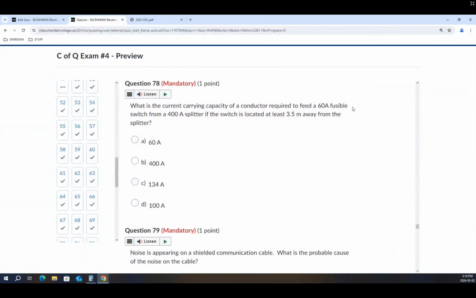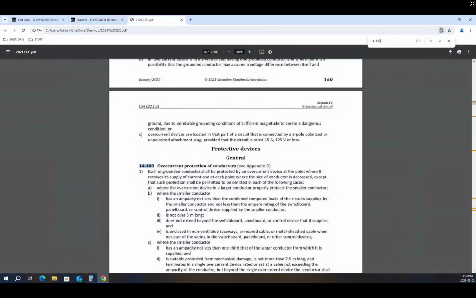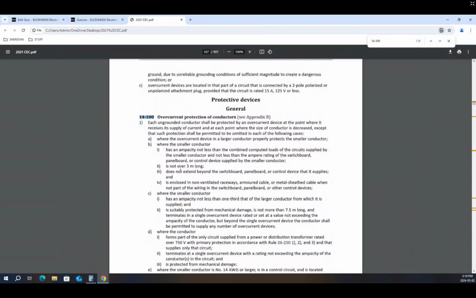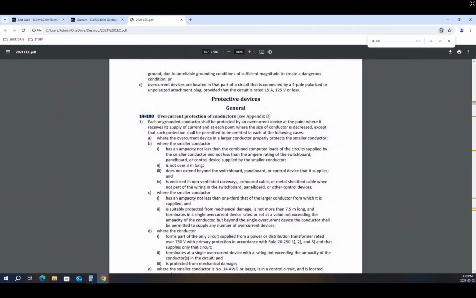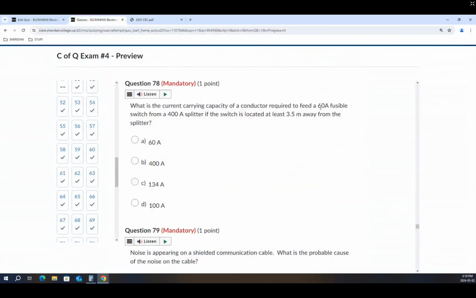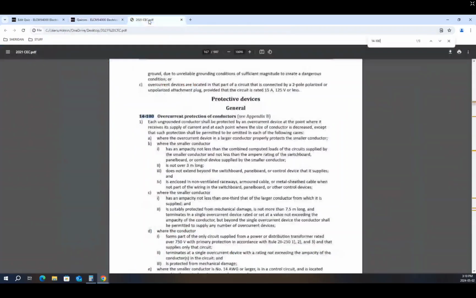What's the current carrying capacity of a conductor? 400, if the switch is located at least 3.5 meters away from the splitter. And is protected by an overcurrent device at the point where it receives its supply, except that such protection shall be permitted to go for the following cases. Capacity is 1/3 that of the larger conductor from which it is supplied. It's less than 1/3.